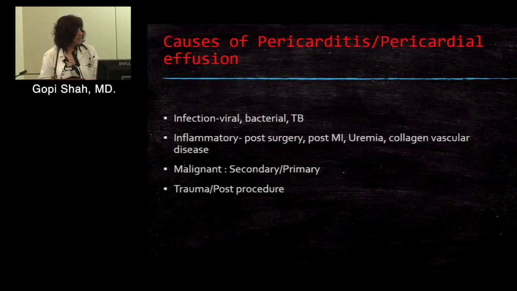These are the common ones. Post-surgery is very commonly seen in hospital settings, as are post-MI, uremic pericarditis, and collagen vascular disease. Less common in our setting are malignant effusions. You will see that more in a place like MD Anderson, where they see a lot more cancer. And then, of course, traumatic and post-procedural causes.